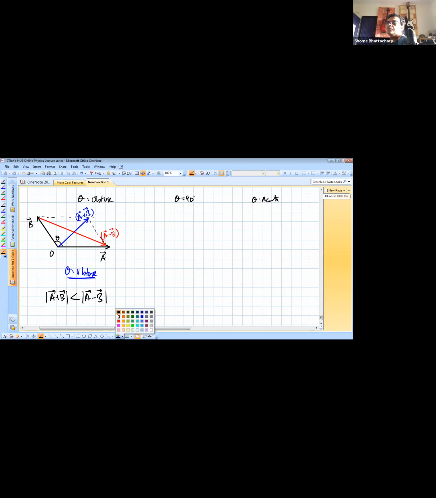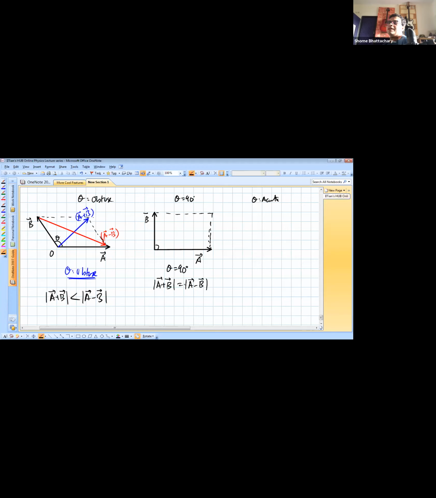Whereas whenever your theta is exactly 90 degrees, you can see that it's reduced to a rectangle. It's a very obvious thing that the two diagonals are equal in length. So in this case, your mod A plus B will become equal to your mod A minus B when theta is 90 degrees.